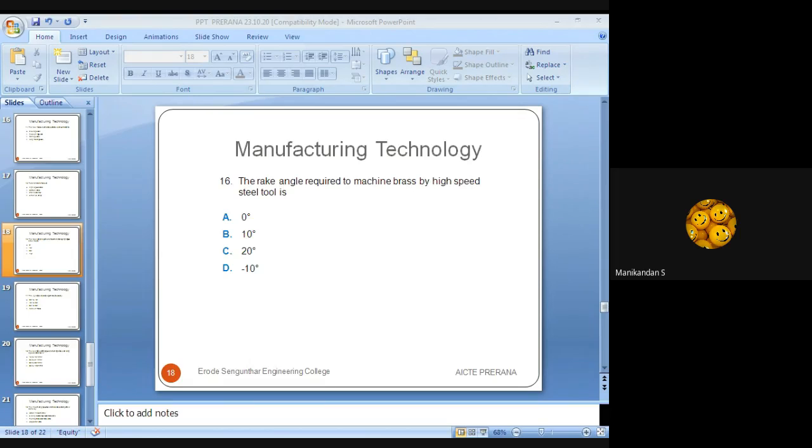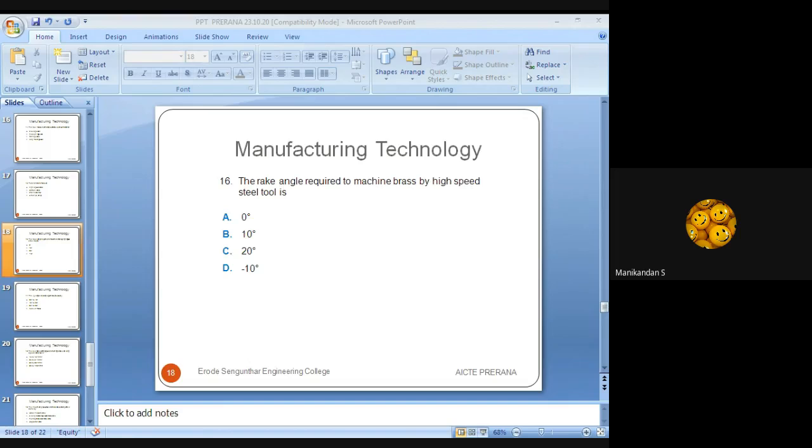So we have to prefer a 0 degree rake angle. For brittle materials, a negative rake angle is required. For ductile materials, a positive rake angle is required. Machining brass is between the above two materials. For brass, we have to use a zero rake angle.